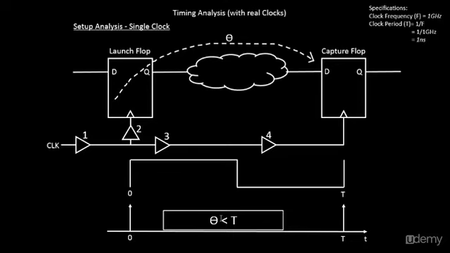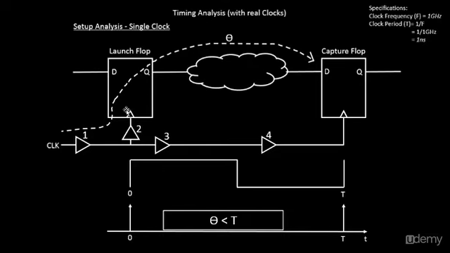We have to come up with an equation that says that if it is met, your system will work at 1 gigahertz. Basically, we have to conclude that this system has to work at 1 gigahertz. What are those conditions in the presence of this clock tree? Eventually, we will be tuning the clock tree and see what can go wrong. So let us first start with the basic equation.